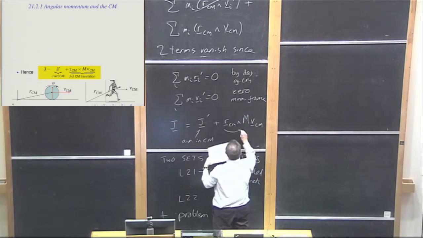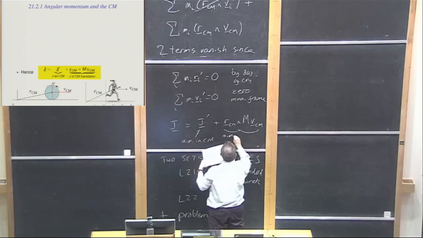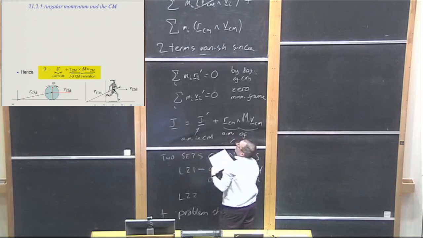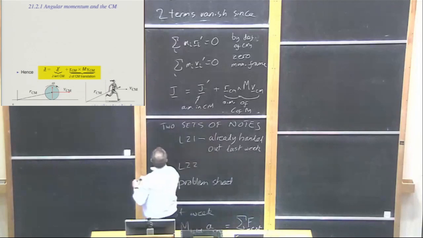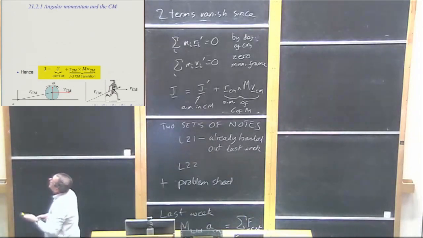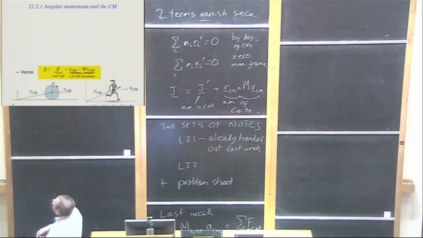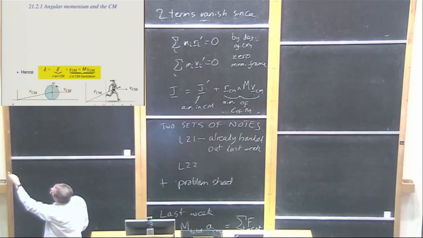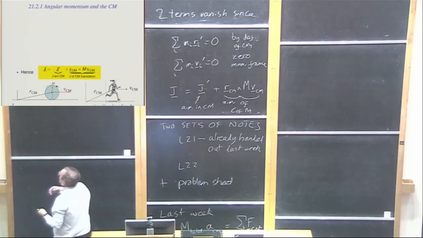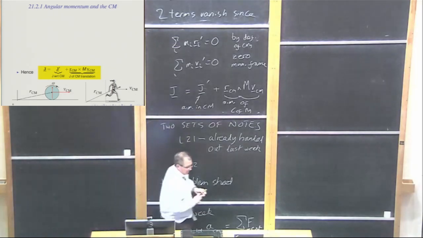This is the angular momentum of the centre of mass, which is, again, what we have written here. So once more, things decompose very neatly. The total angular momentum in the lab can be written as the angular momentum of the centre of mass in the lab frame, plus the angular momentum of the particles with respect to each other in the centre of mass.